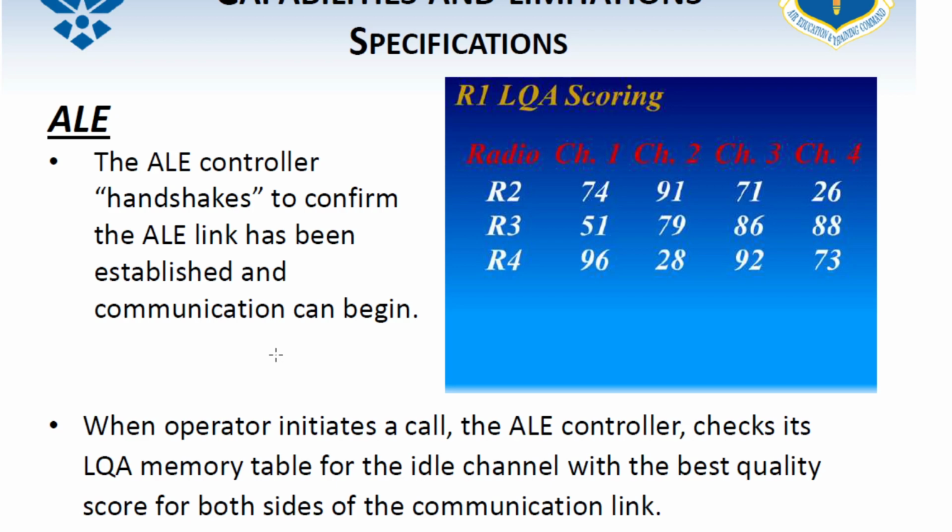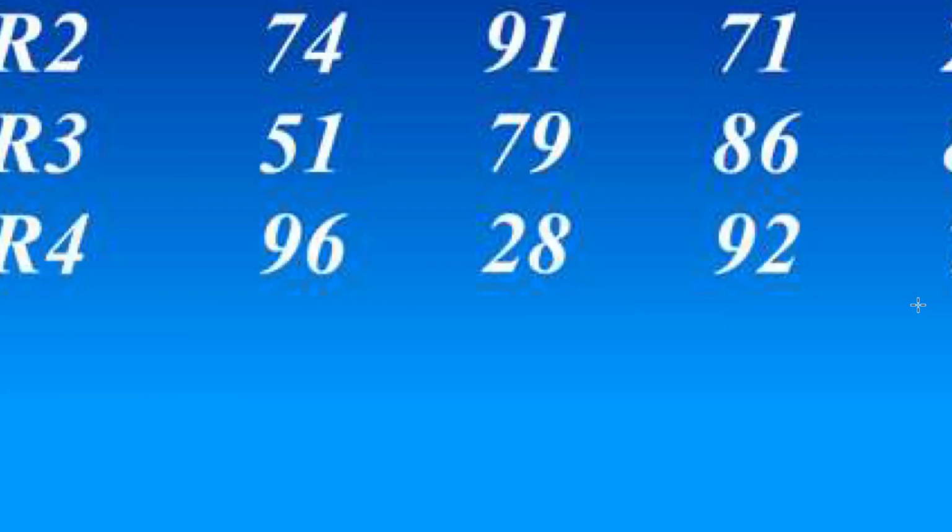So if you look at the blue chart, the vertical column on the far left where it says radio R2, R3, R4, those are radios, and the four items on the right are the channels. So looking at this, using ALE, which channel do you think the radio would choose for communication? What has the best scores collectively? Channel 3, sir.